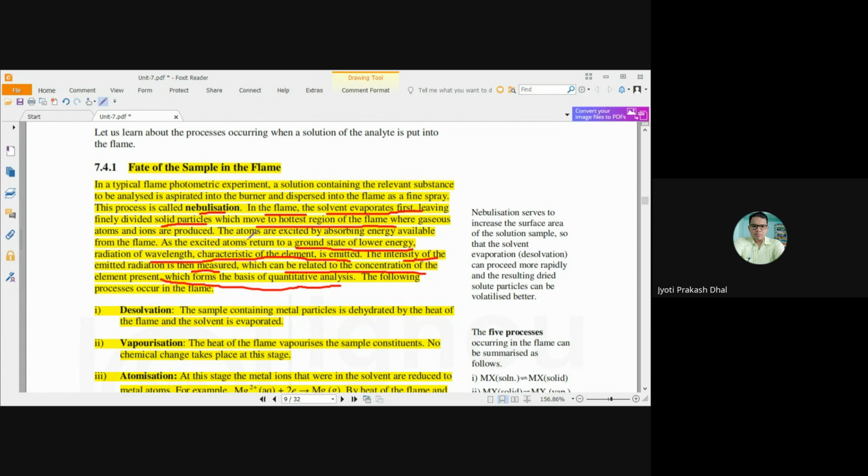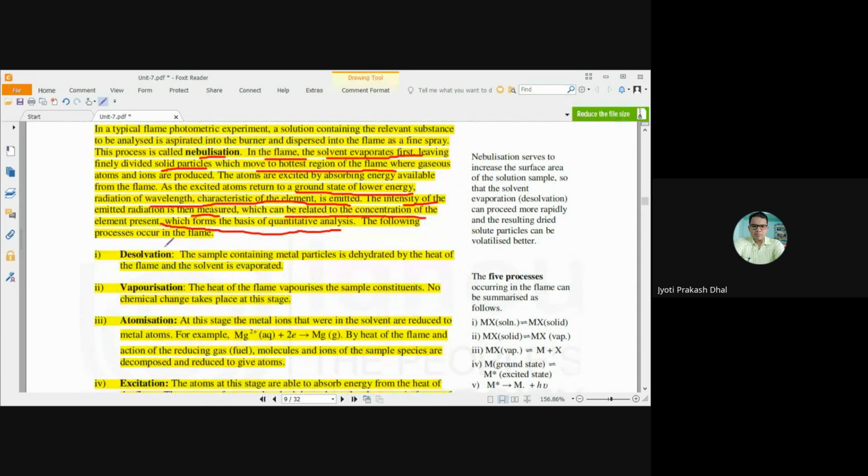The initial one is qualitative analysis: we can analyze the wavelength of the emitted radiation, which tells us which atoms are present in the sample. And from the intensity of the emitted radiation, we can do the quantitative analysis.